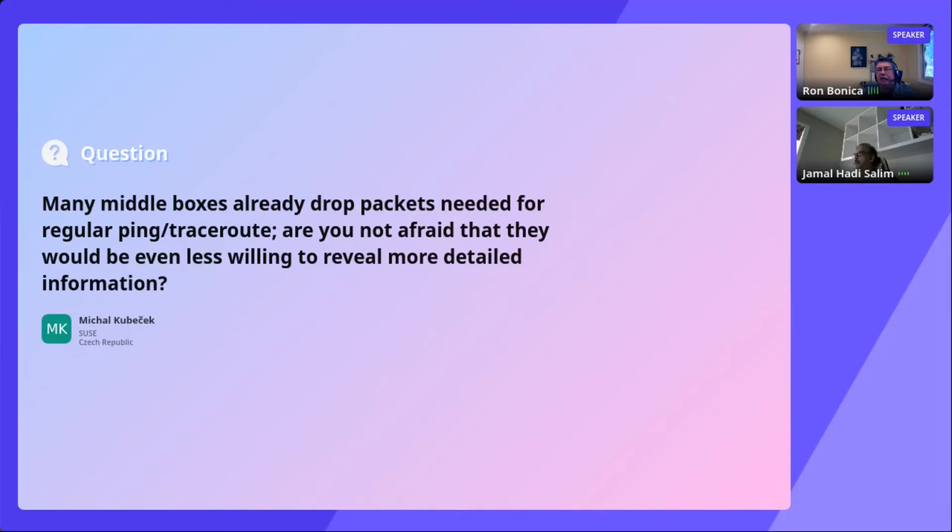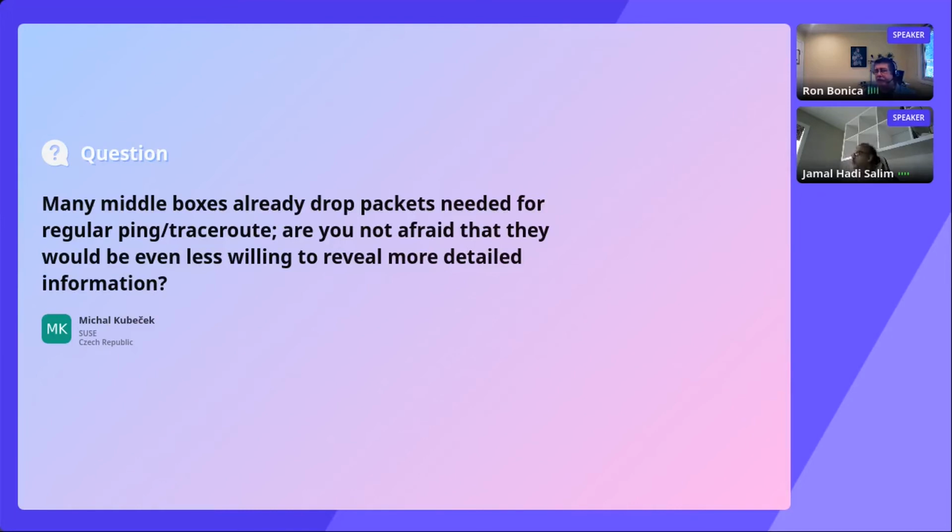How many middle boxes already filter pings and trace routes? Well, now they have exactly two choices: send no information at all, or send the information that standard ping and trace route gives them.